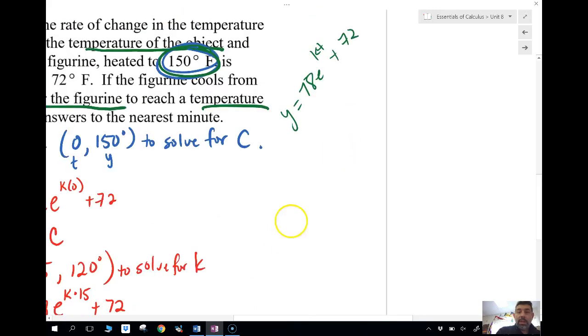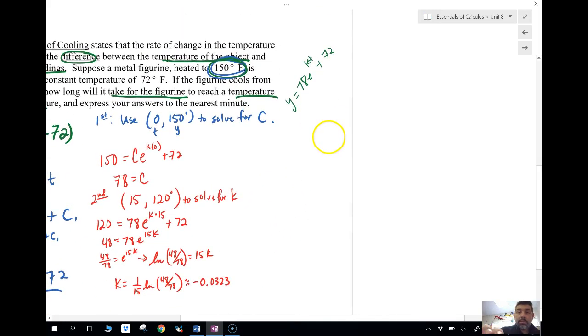Let's rewrite this. So now we have y equals 78 e to the negative 0.0323 times t plus 72.